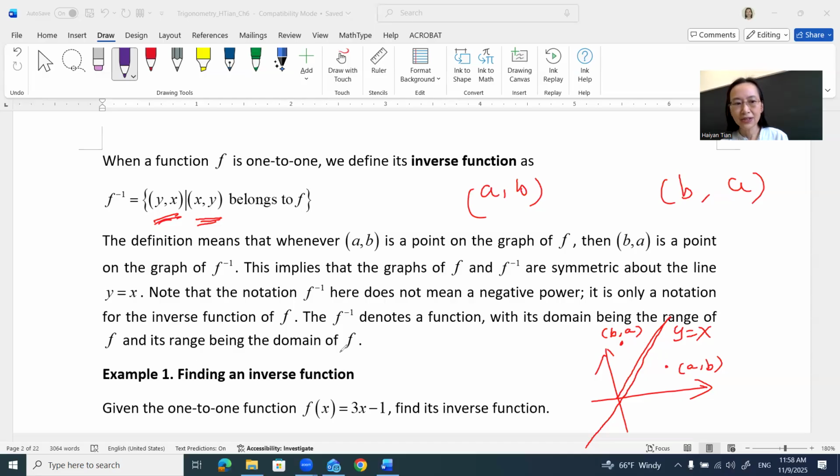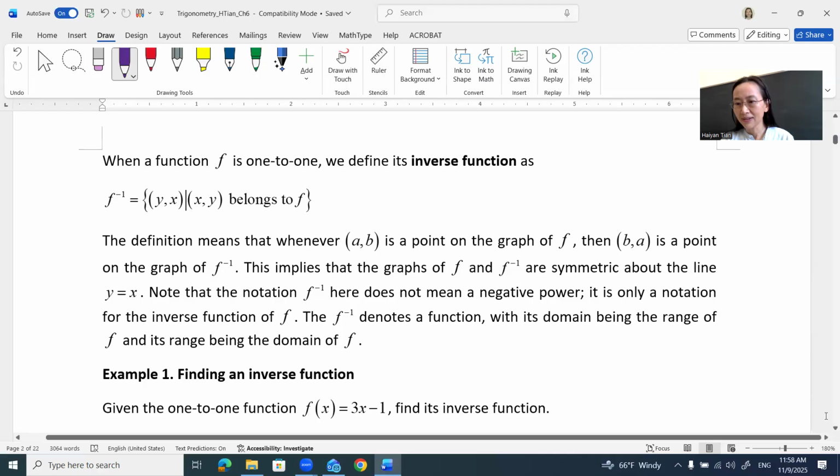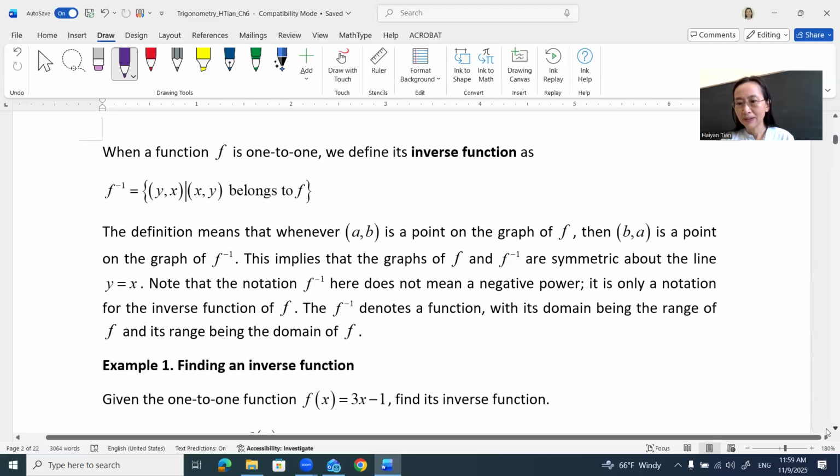So they are symmetric about the line y equals x. That means we can anticipate the graph of the inverse by finding the reflection of f across the line y equals x.